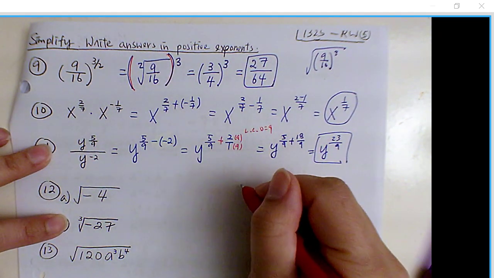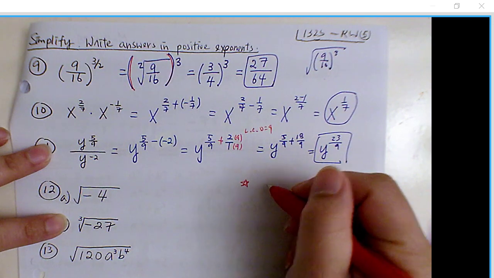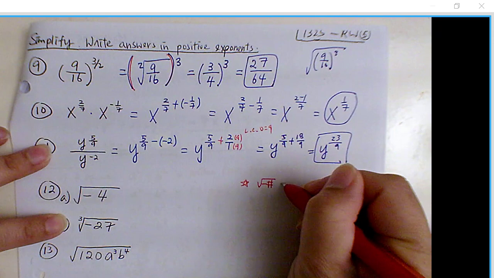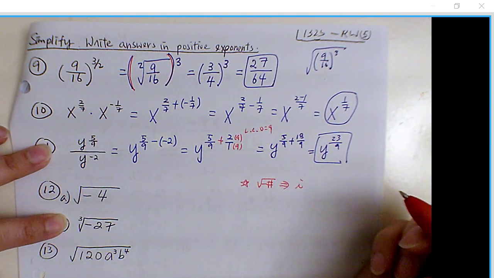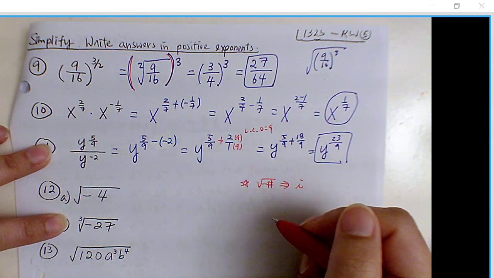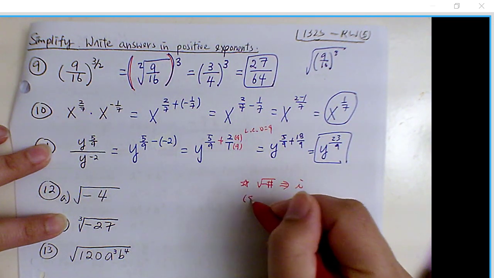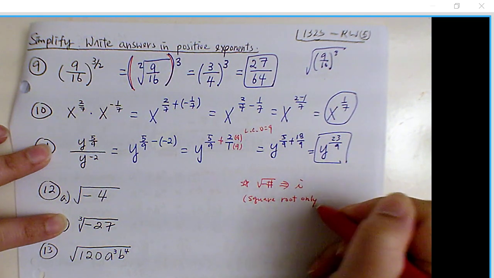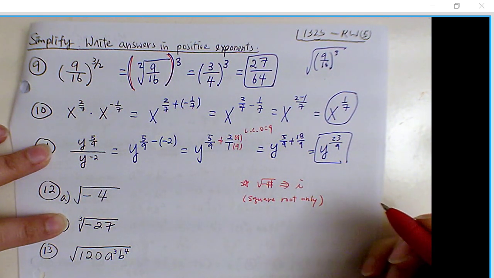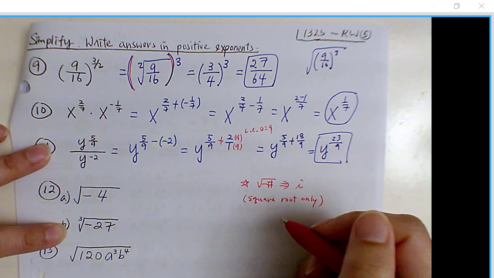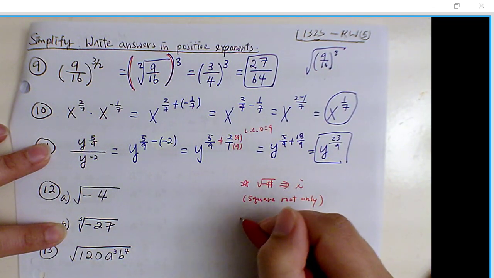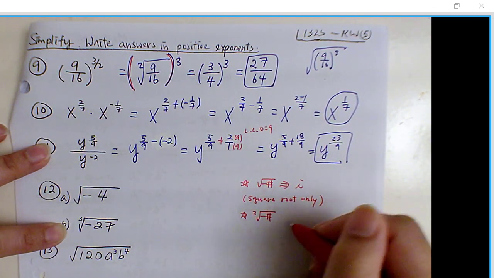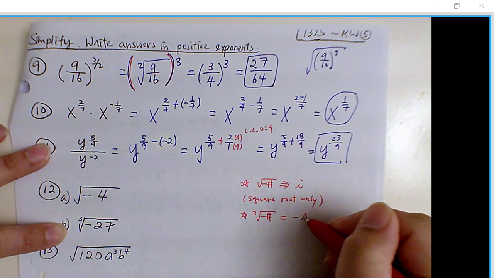So hopefully you remember from classes you took before, if you have a negative under a square root, that is going to turn into i, which is an imaginary number, but this is only for square roots. So anytime you see a negative number under a square root, it will come out as i. And the next one is the cube root. If you see a negative number under the cube root, that means your answer is going to be a negative answer.